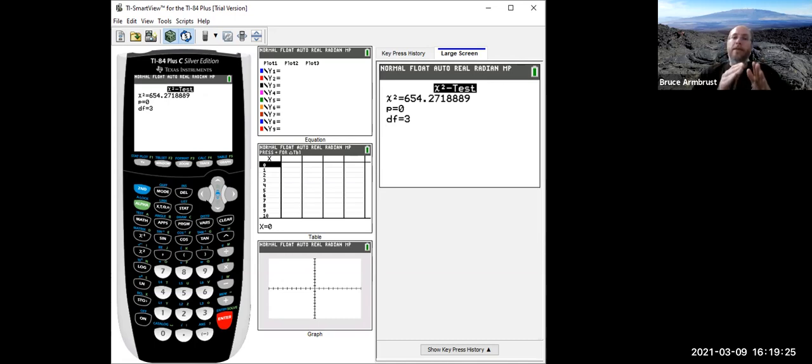But remember what this p tells you. The p is the probability that we would get this distribution if the null hypothesis were true. All right, so if the null hypothesis was true, the numbers we actually had are so incredibly impossible. Like, if you got those numbers, you would be completely blown away.